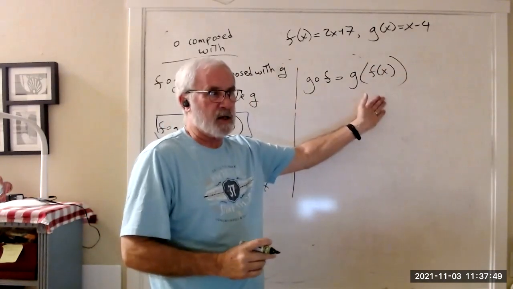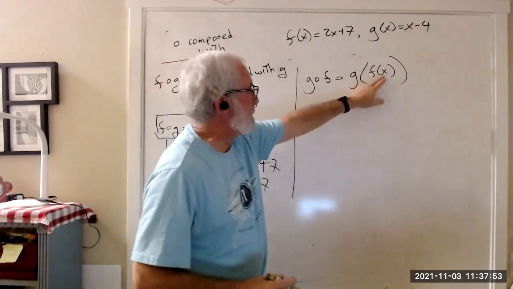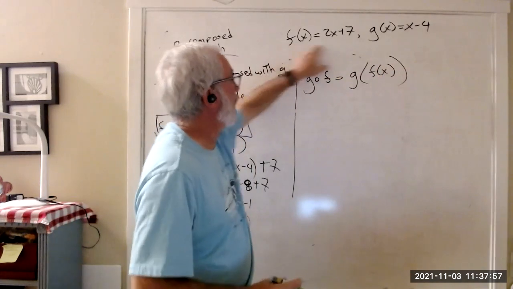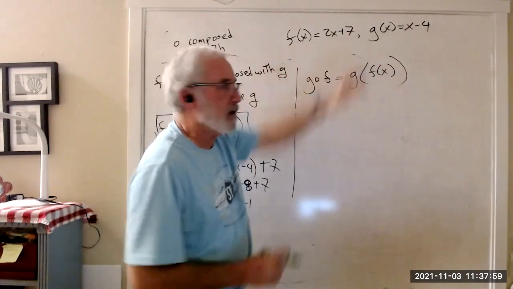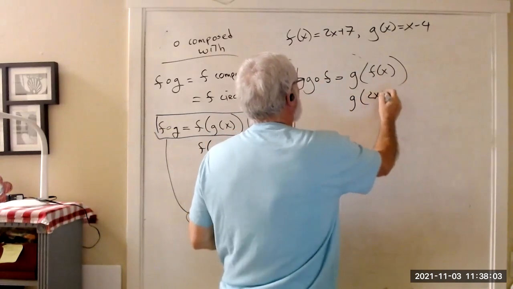They mean the same thing. Okay, so what's it do? We start at the center. It says take X and put it into F. Well, that is F. So that becomes G of 2x plus 7.